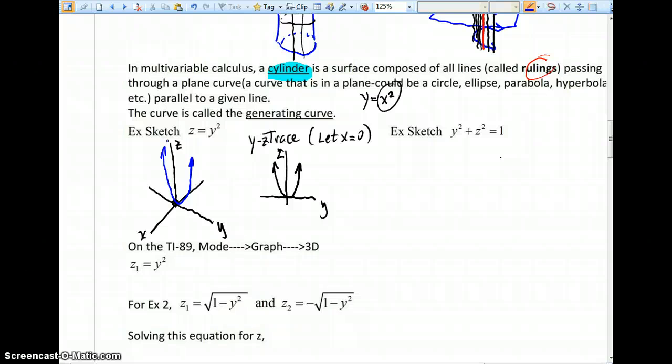But remember, x could be all different types of values, whether x was 5, whether x was 10. No matter what x value you'd choose, you would get a parabola. It would look something like this. You could let x be something negative, and of course it would go just like so. So what we're seeing, guys, is we could connect some rulings here.